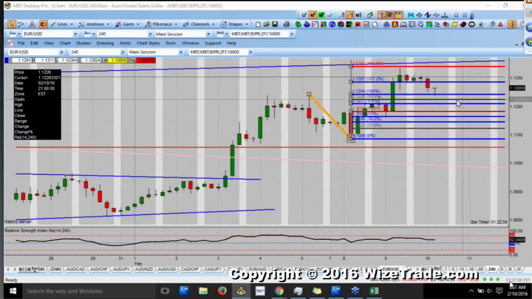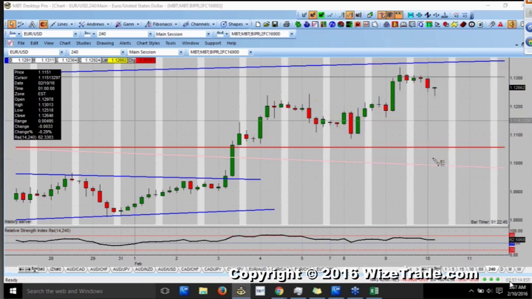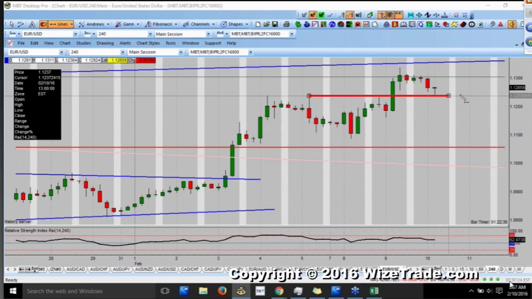Now what's interesting today, now that we've seen all that, let's remove this fib. Where we were supported overnight, you would have expected at our breakout point. Do you see that?